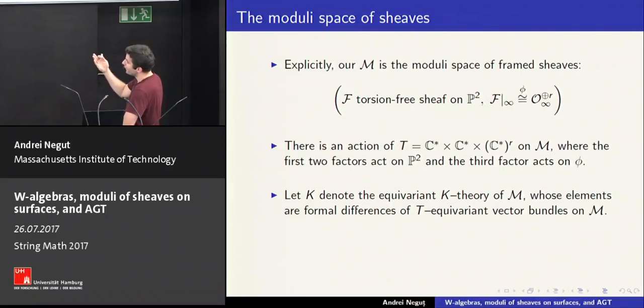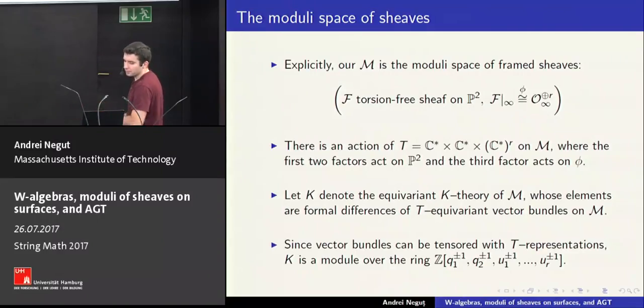K is defined as formal combinations, formal sums and differences, of T equivariant vector bundles on M. So it's something that is quite well known to topologists and geometers. And one of the only things I will need about this group is that it's a module over the equivariant K theory of a point.